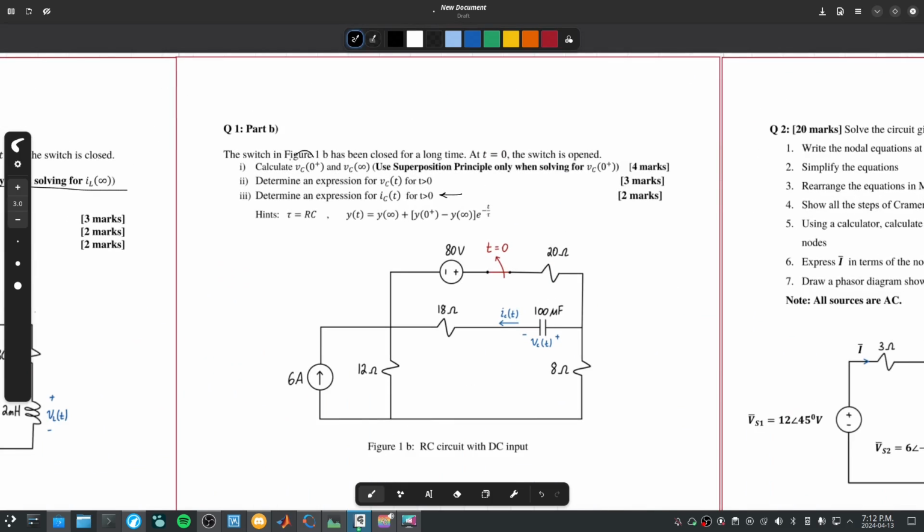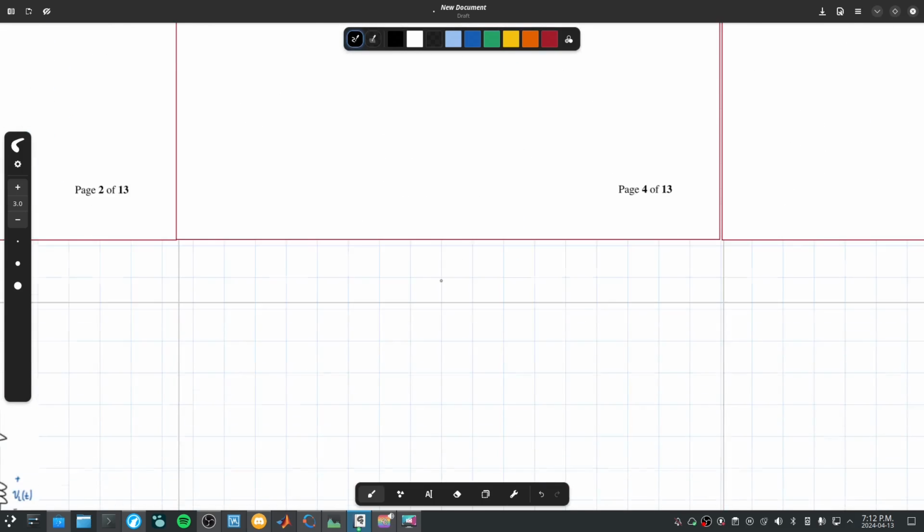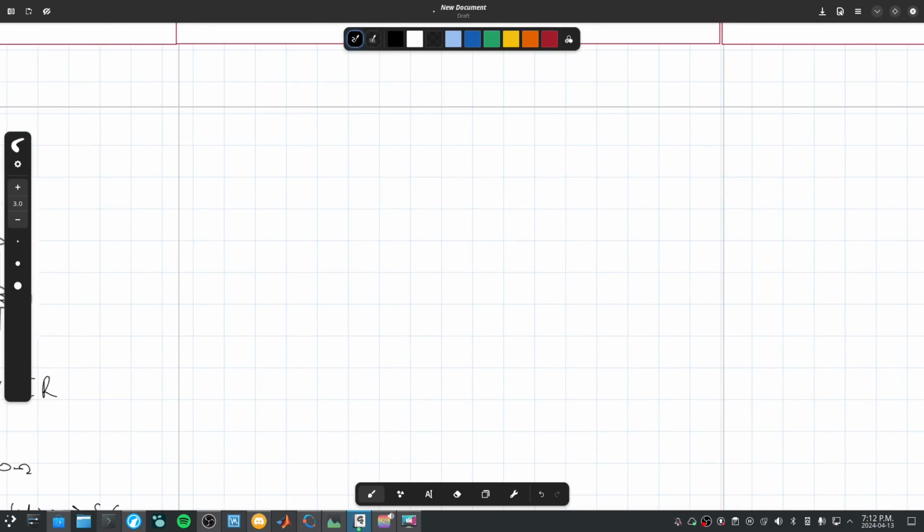So 1, calculate VC(0) and VC(infinity). Let's draw this out. Okay, so it's the same sort of idea. So we get this 12 ohms. This is 18 ohms here. We have the capacitor here.